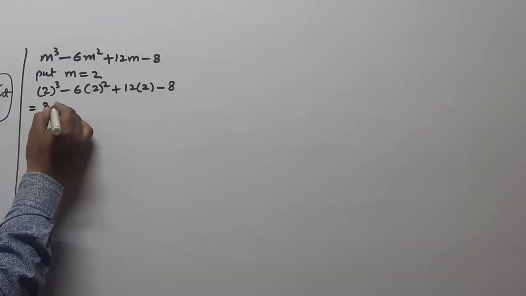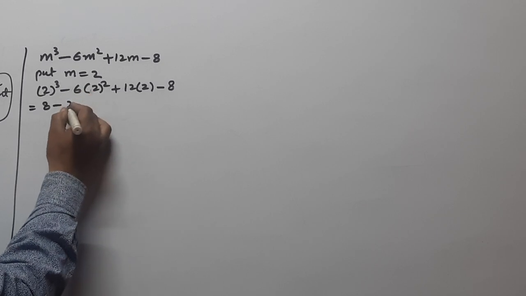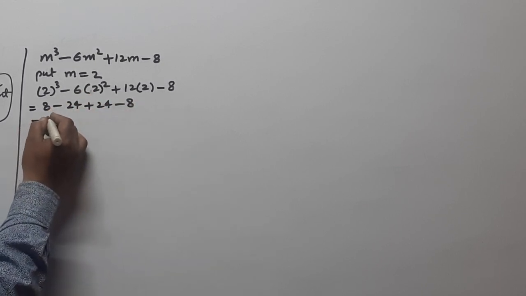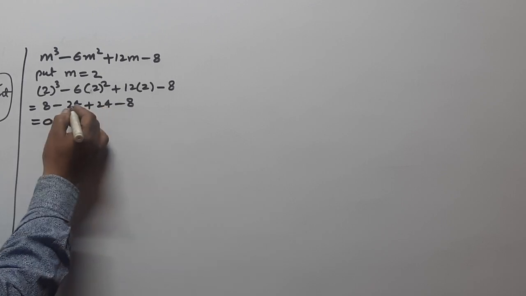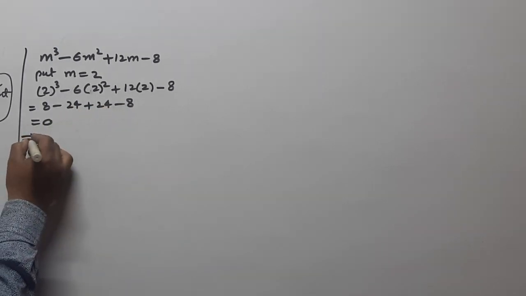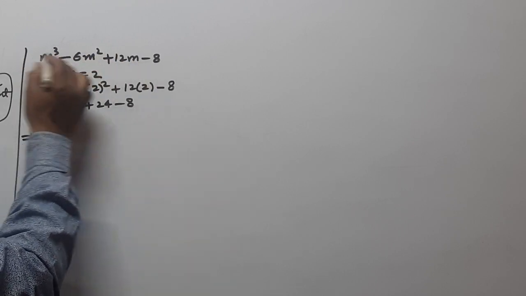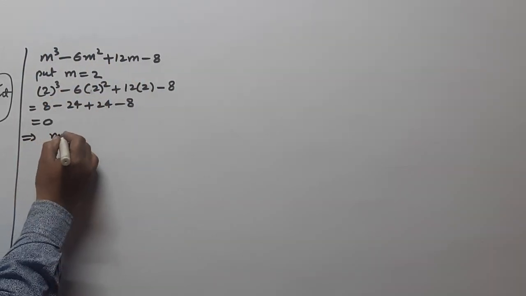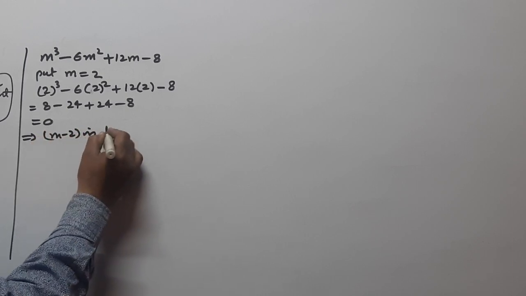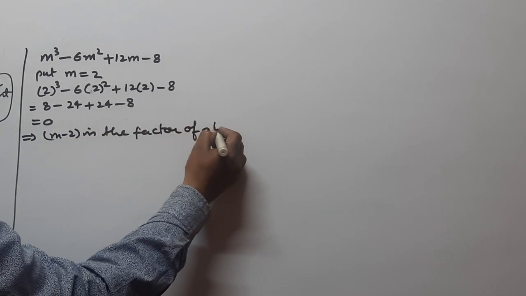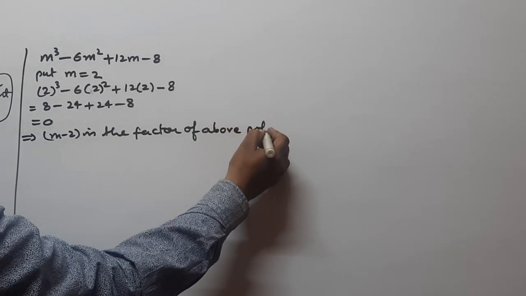So this will be 8 minus 6 times 4, which is 24, plus 24 minus 8. Plus 8 minus 8 cancel out, and plus 24 minus 24 cancel out, so this is 0. If we put m equal to 2 in this cubic polynomial, we get 0. So m minus 2 is a factor of the above polynomial.